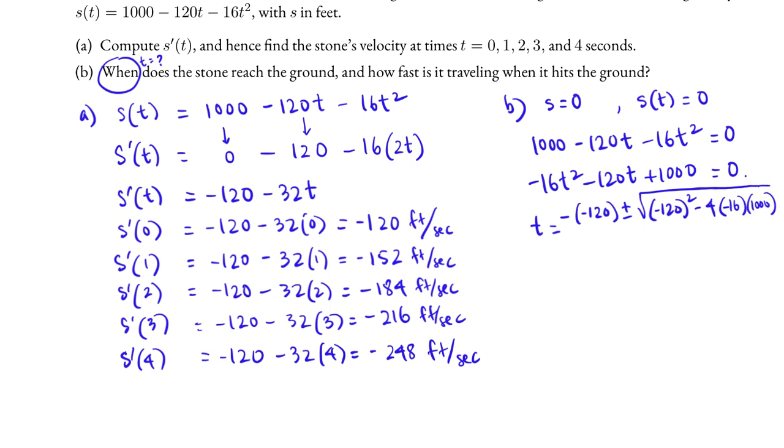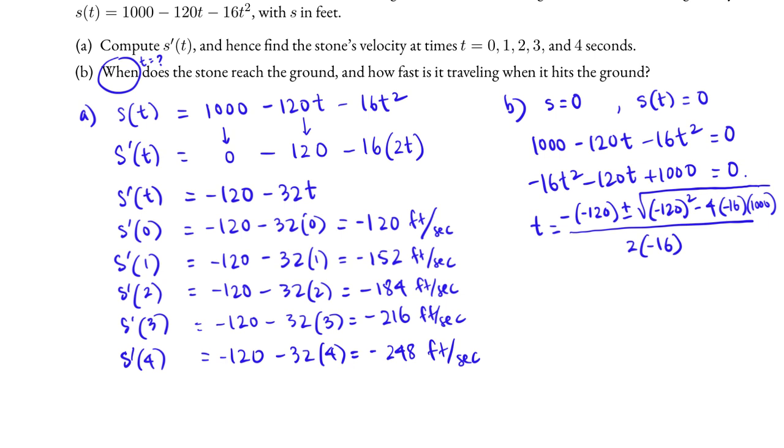Remember that the standard form of the quadratic equation is ax squared plus bx plus c, the coefficients a, b, and c in the quadratic formula, over 2 times a, 2 times negative 16.